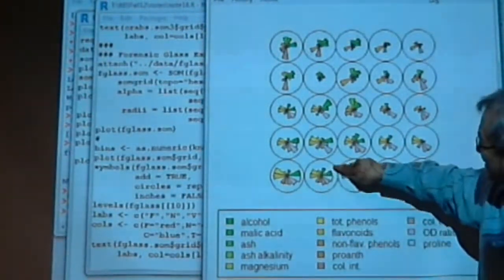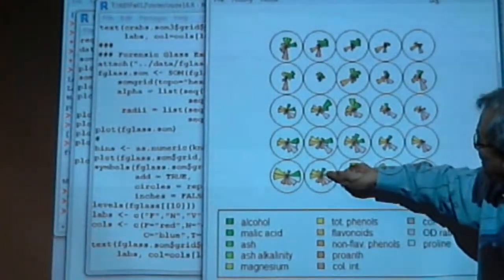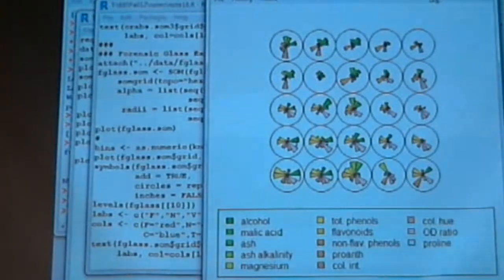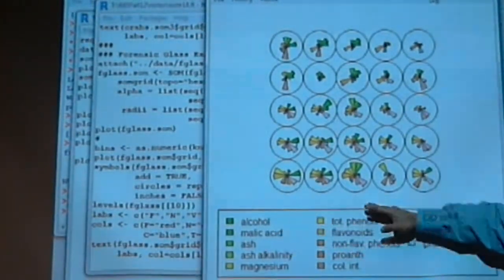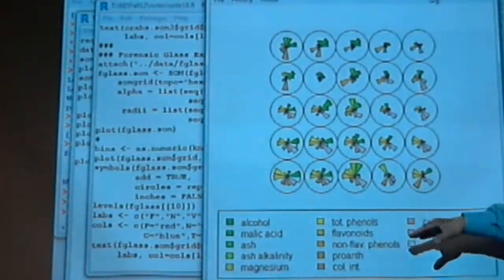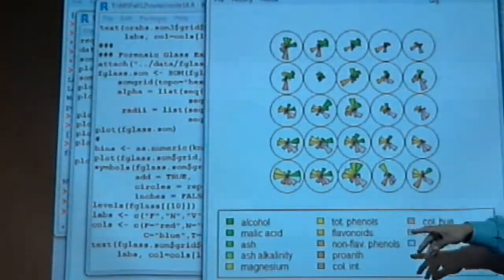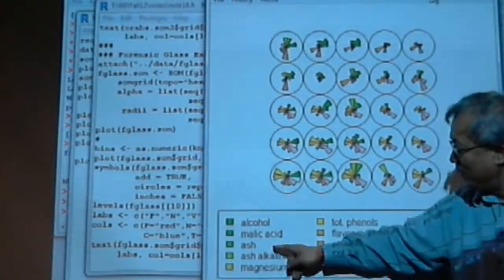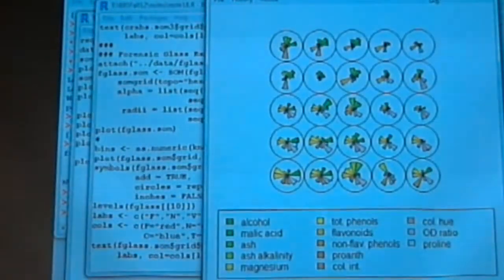So ash is the third direction and so on. The legend here basically tells you how many measurements we have: 1, 2, 3, 4, 5. We have 13 measurements, these are the 13 variables.